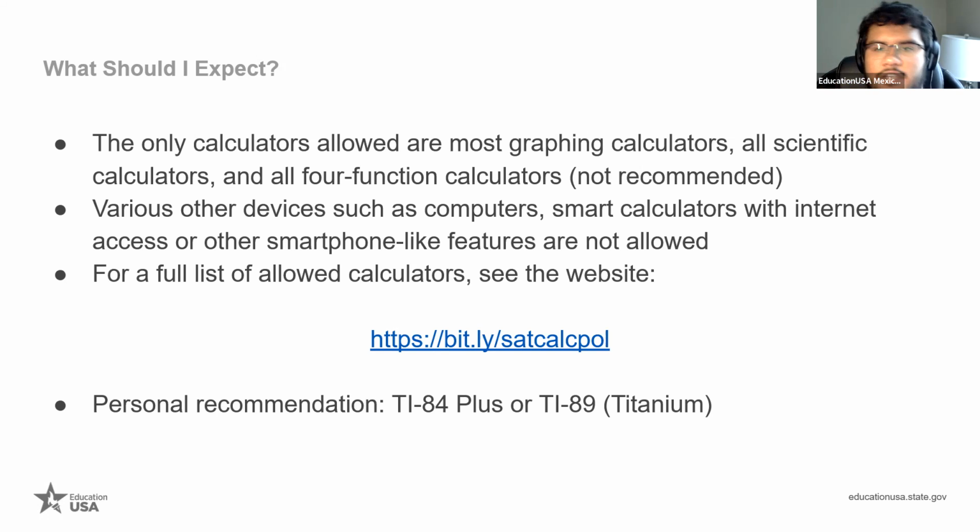So if you see the list of calculators and you're confused on which one you should buy or which one might be the best, these are just my own personal recommendations based on my own experiences with using graphing calculators. But yeah, if you want to note, I'll go ahead and note those down in the chat as well.